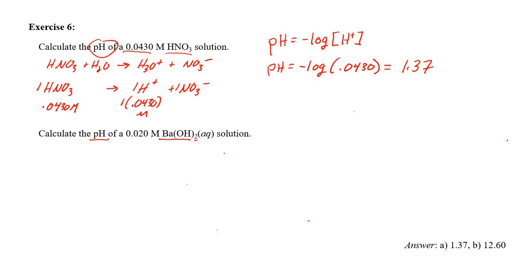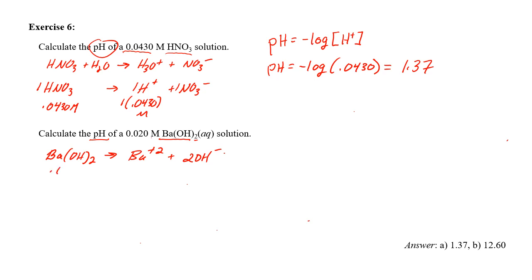So let's first find the hydroxide ion concentration. We have barium hydroxide. It will dissociate into barium ions and 2 hydroxide ions.